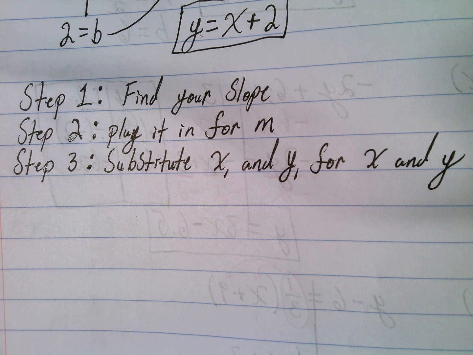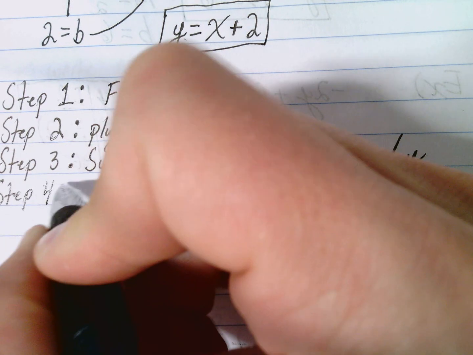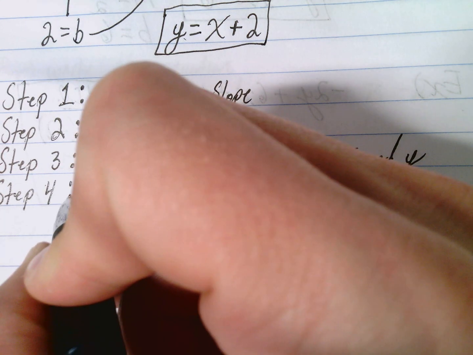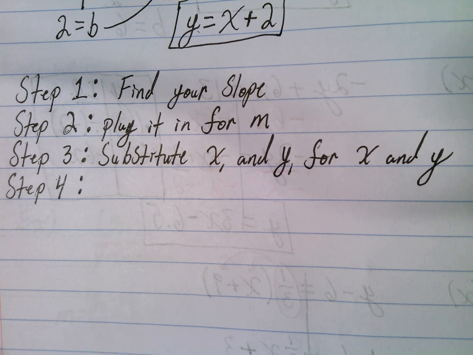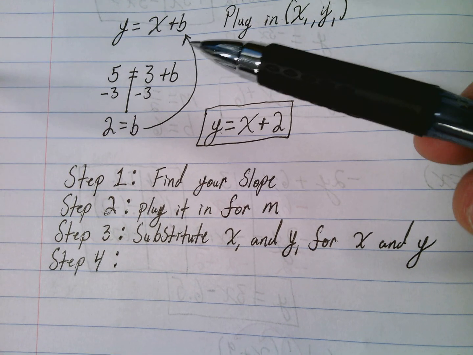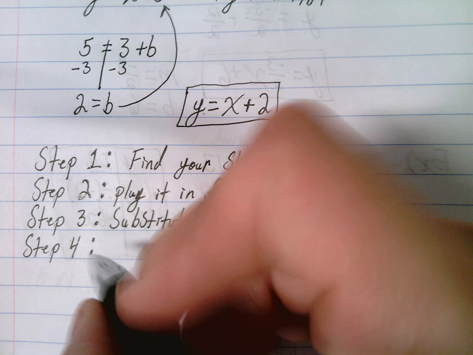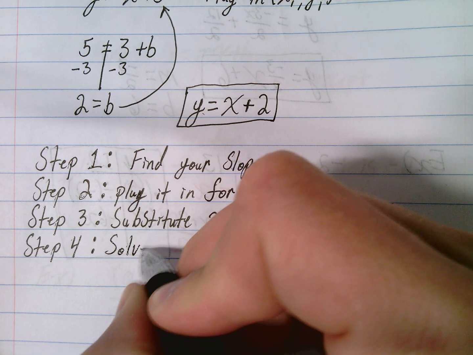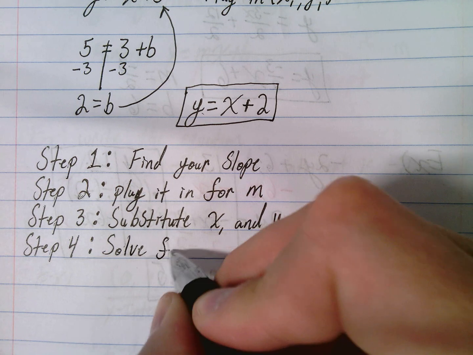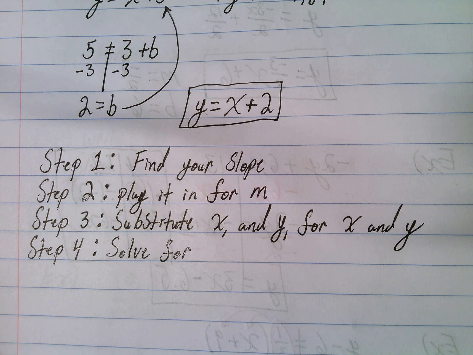Okay. So then we substitute in x1 and y1. Or step 4, and really it didn't seem like there were 5 steps, but we'll write it out as 5 steps. Once we had x and y plugged in, so once we had these plugged in here, what did we do? We solved for b.